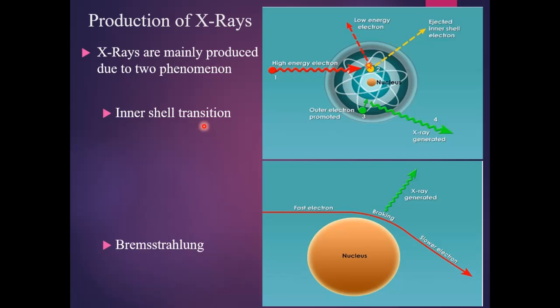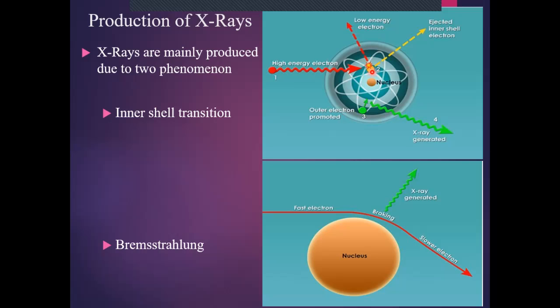the electrons are distributed in different orbits, K, L, M, and N shells, and the electrons which are closer to the nucleus are most tightly bound, and whenever they are removed, high energy is required. So in the case of a heavier atom, if any inner shell electron is removed, for example, this is a high energy electron which is accelerated by some external source and is allowed to fall on the target element or atom.